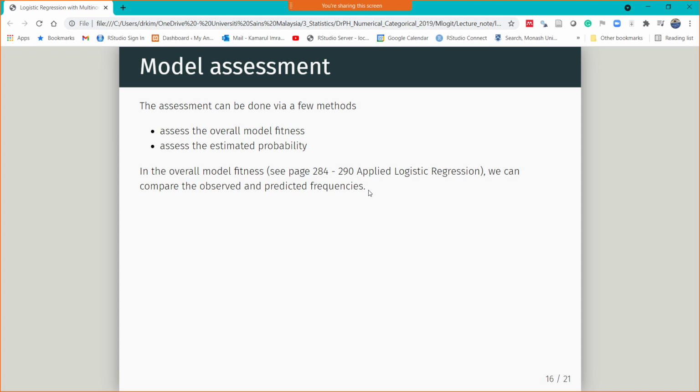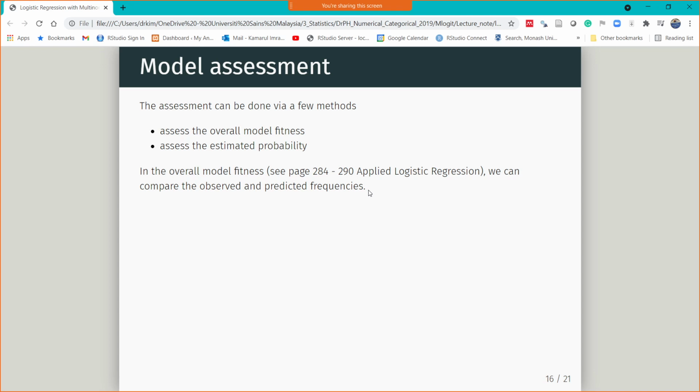For example, looking at the ROC curve, looking at the area under the curve, looking at what we call the confusion matrix or the classification table, which includes sensitivity, specificity, true positive rate, true negative rate, PPV, NPV, and so on and so forth.